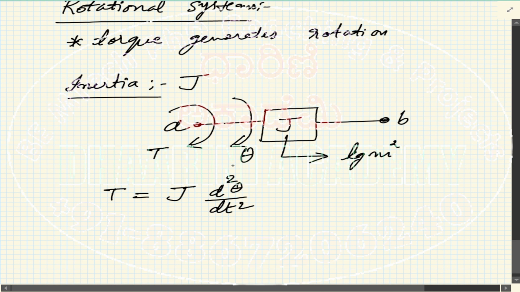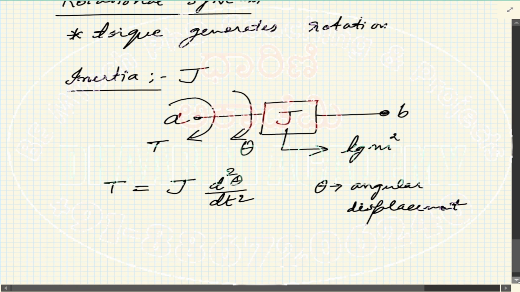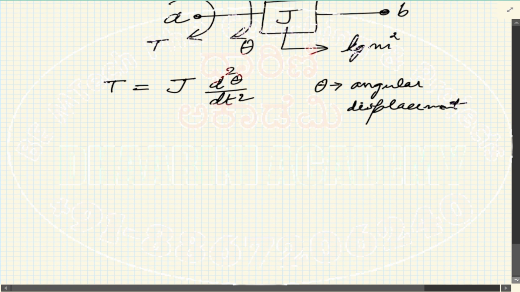Now theta is the angular displacement. It's actually a displacement, but in terms of angle. So using this, we can directly relate the inertia to the mass.